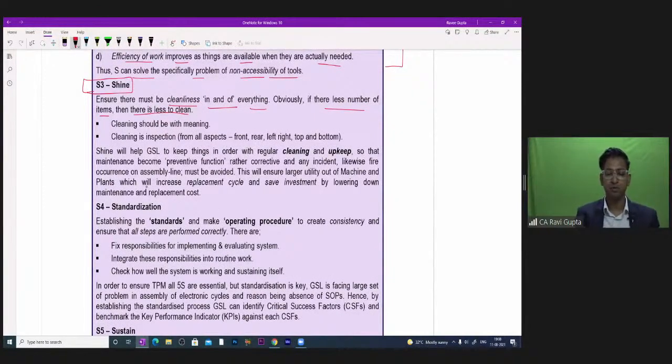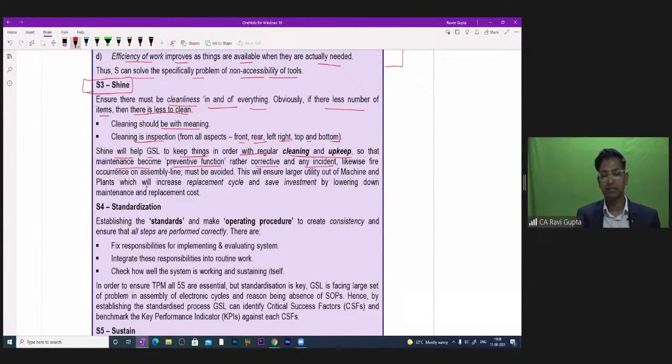So cleaning should be with a meaning. Cleaning is inspection, that is from all aspects: front, rear, left, right, top, bottom. Shine will help GSL to keep things in order with regular cleaning and upkeep, so that maintenance becomes a preventive function rather than corrective.